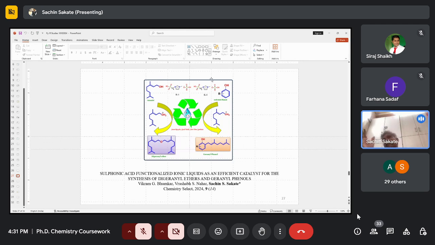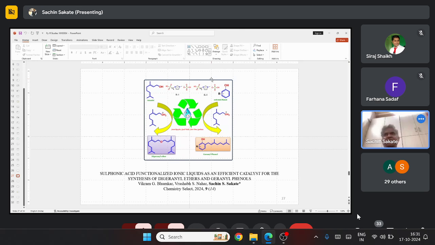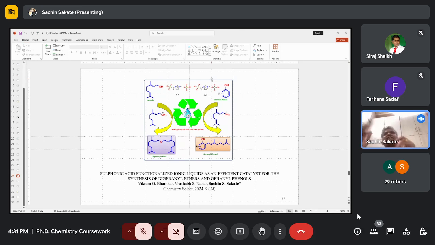We have done this for the synthesis of fantastic monoterpene transformations which are not yet reported. Digeranyl ether, we are the first to report by heterogeneous catalysis. Earlier, the methods were reported by classical organic chemistry. The geranyl phenols are also one of the best achievements of our group, where we synthesized 11 different medicinally active compounds.